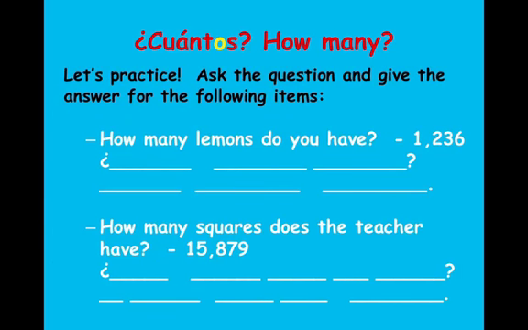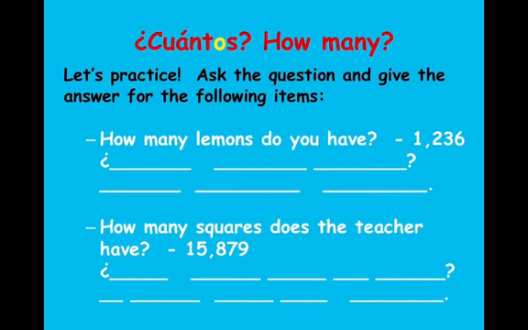All right, let's practice these. I want to see how many of you are listening to this till the end. So I want you to write these questions down on a piece of paper and bring the translation of the question and give me the answer. Write it all down and bring that to class. How many lemons do you have?